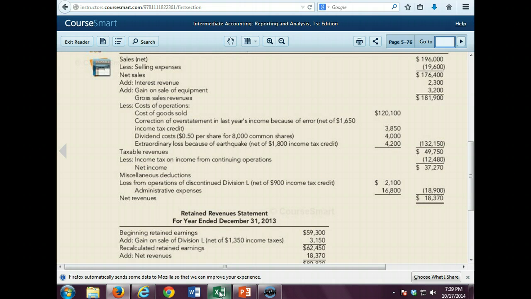Now we need to look at our various operating expenses. Now in this case, on the PowerPoint, they really separated out G&A, general and administrative, and selling. Here they just have two. And so we see here administrative expenses, 16.8, and we have selling expenses of 19.6, right?